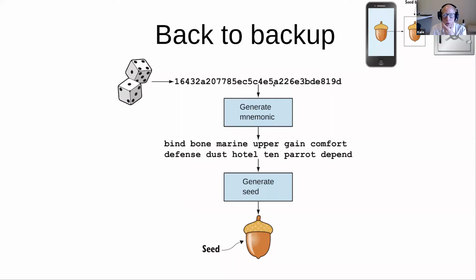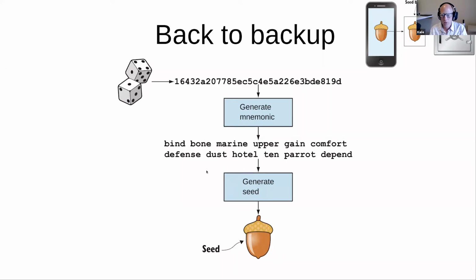From this, we will now generate a so-called mnemonic phrase, which is a sequence of English words. These are the words that you actually write on a piece of paper and store in a safe place. They simply encode the data in the randomness. So you encode the randomness using a specific dictionary of words.